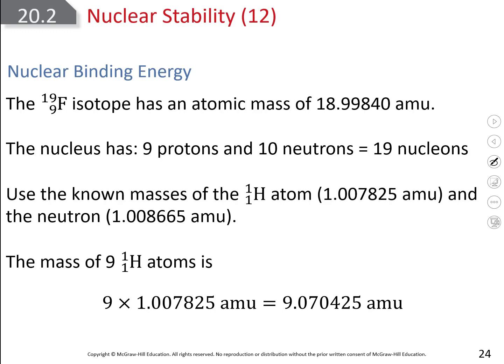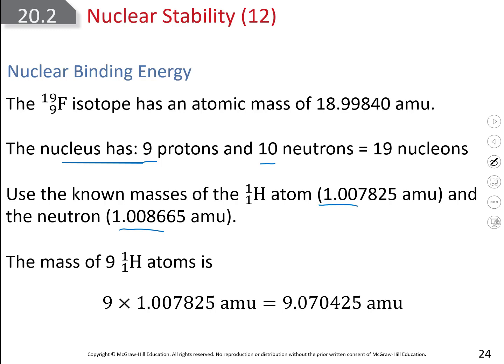Let me write those off to the side because we're going to need them in a second. A proton has a mass of 1.007825 AMUs compared to a neutron at 1.008665. So if I wanted to find the mass of fluorine, I would add up 9 times the mass of the proton plus 10 times the mass of the neutron.